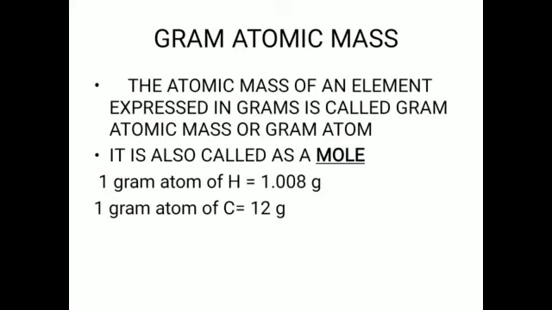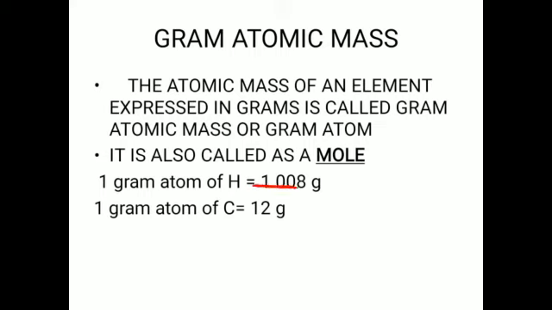After comparing and revising the basic definitions, now we come to the main topic, gram atomic mass. When I express atomic mass in grams, it becomes gram atomic mass, which is also called the mole, a very important and coming topic. You see in the box of hydrogen in the periodic table, 1 is written.